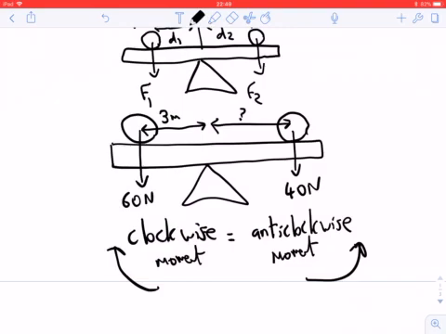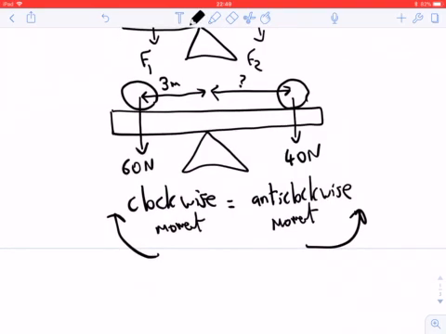So coming to our diagram, the 60 Newton force is going to be trying to spin things anti-clockwise if you think about its effect on the pivot in the middle, and the 40 Newton force is going to be trying to spin things clockwise. So 40 times by our unknown distance, we'll call that d, is going to be equal to 60 times 3, which is 180.